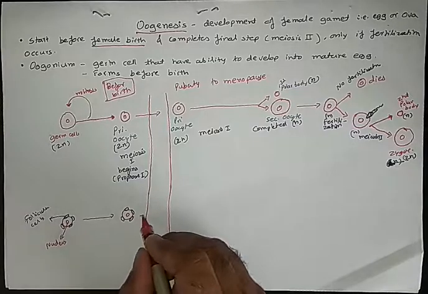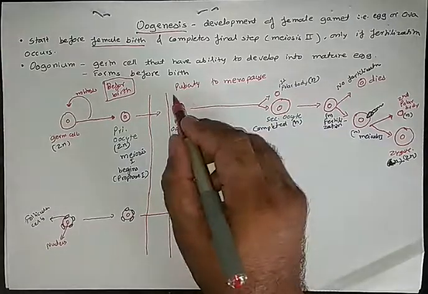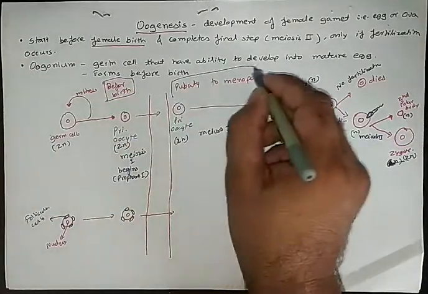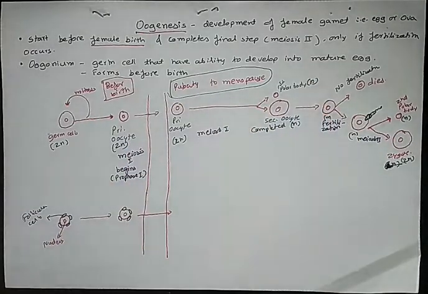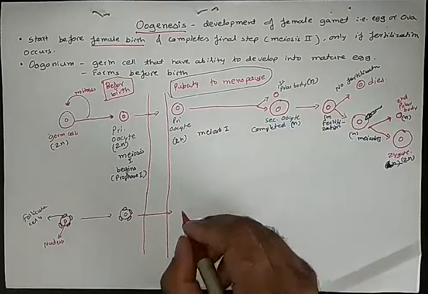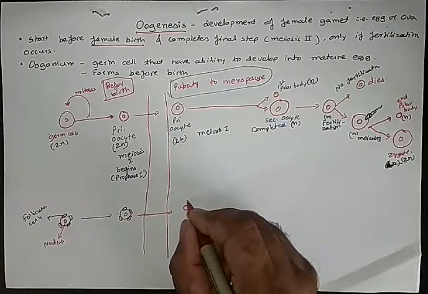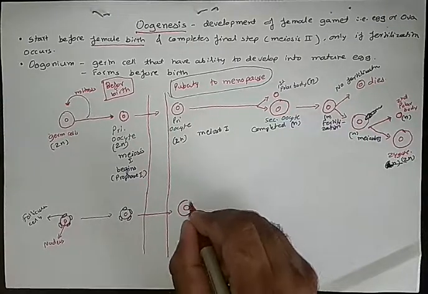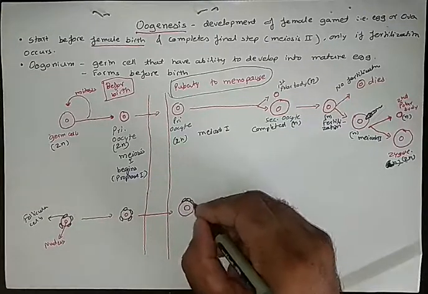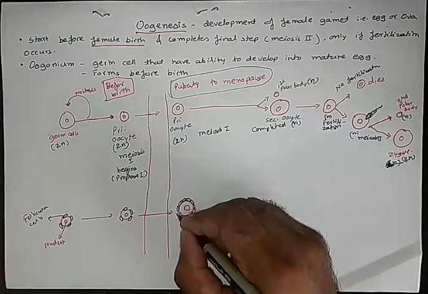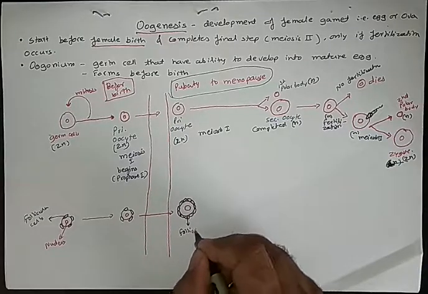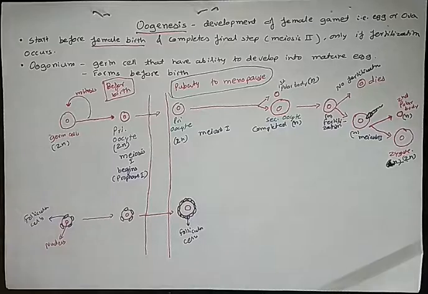Now after puberty, so remember this point, this is the puberty to menopause step. After puberty, this converts into primary oocytes. This is a nucleus, this is a primary oocyte which is surrounded by follicular cells.